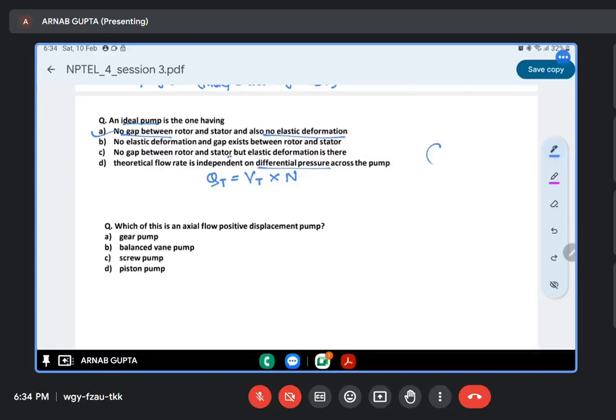Suppose this is your pump I am showing. The head against which it is acting is the difference between the P in and the P out. Whatever this value is, it depends on the load that is acting in the hydraulic circuit.